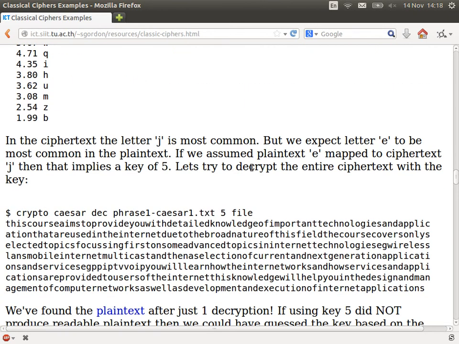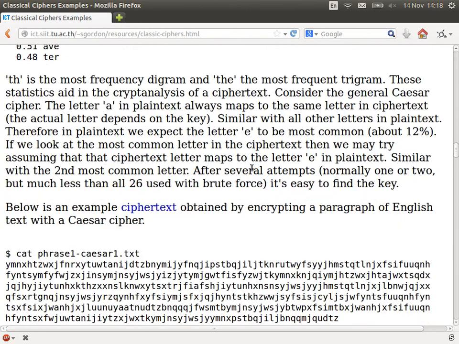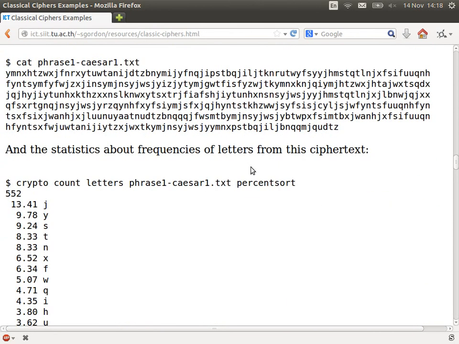And where are we? From those statistics, you can look at a particular ciphertext. So here's some ciphertext, and this was using Caesar cipher. Instead of doing a brute force attack, you can do the same as with the monoalphabetic cipher. We count the letters in the ciphertext.